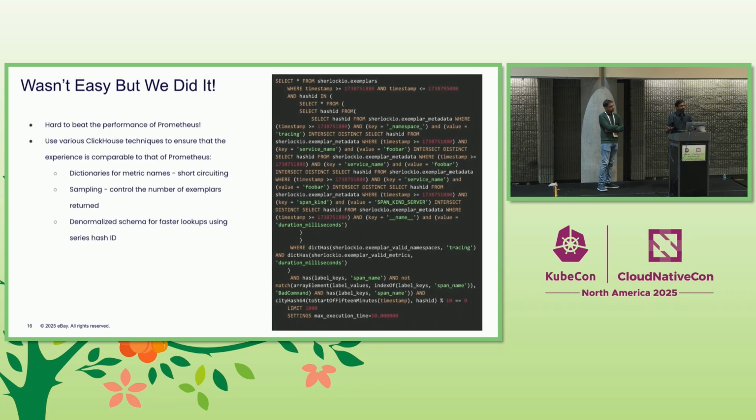I think there have been a lot of talks in the past about what it would take for time series to be stored in ClickHouse. There are a lot of pros and cons.